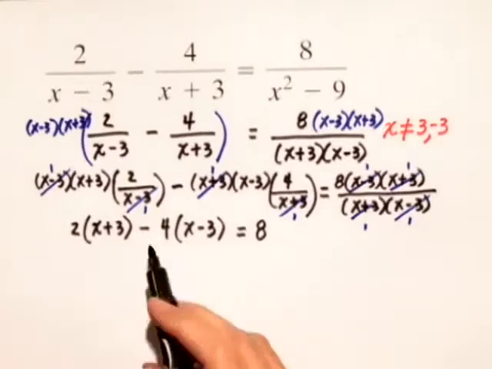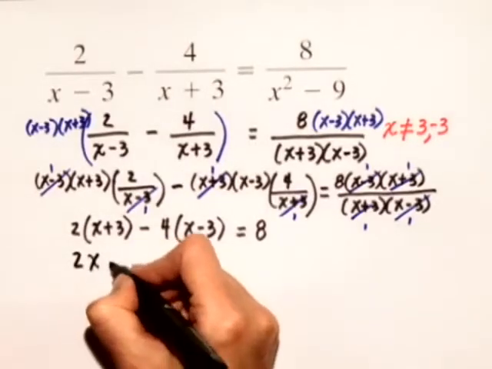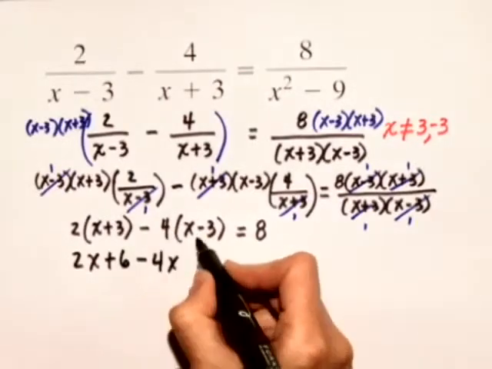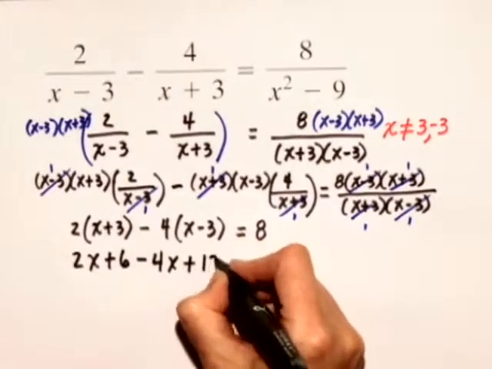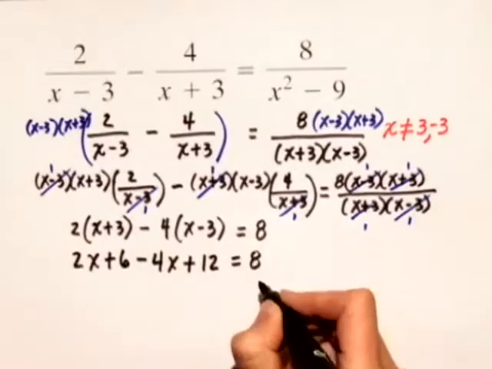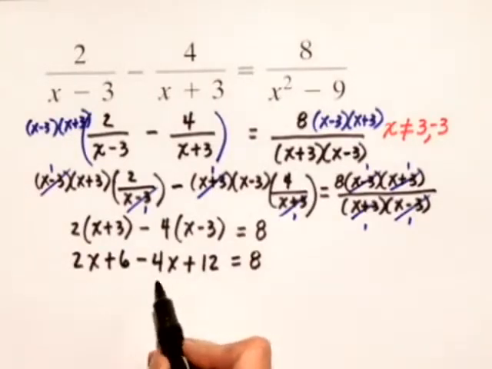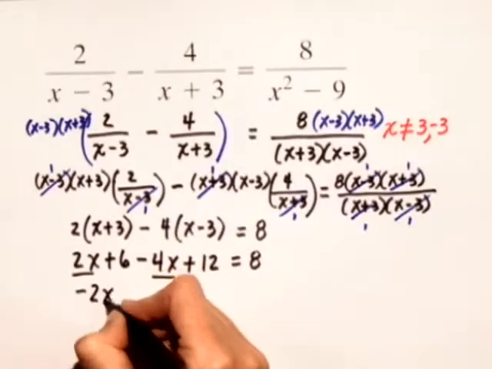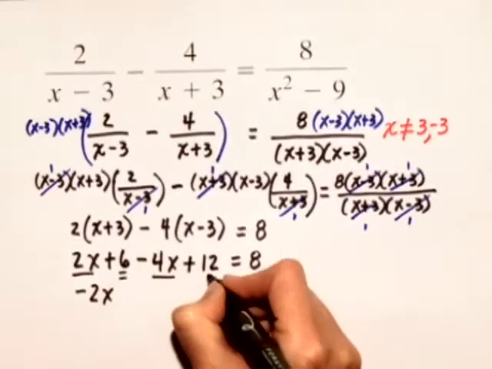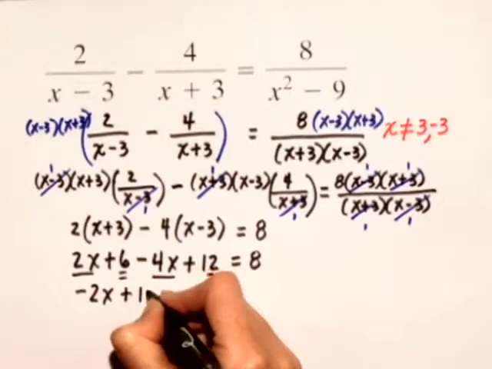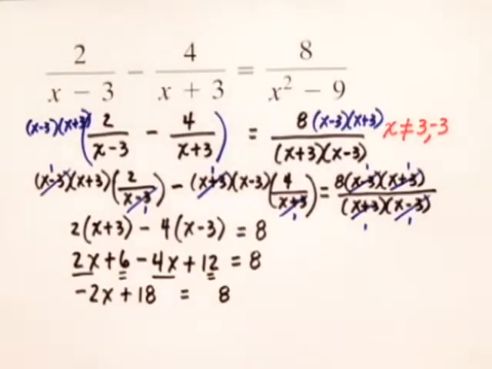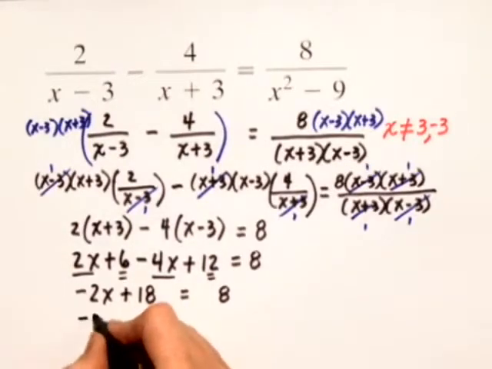So next we'll distribute. We have 2x plus 6 minus 4x, and then negative 4 times negative 3 is plus 12 equals 8. Let's combine like terms on the left-hand side. 2x minus 4x gives us negative 2x, and 6 plus 12 gives us plus 18. That's equal to 8 on the right-hand side. Next, we'll subtract 18 from both sides of this equation.